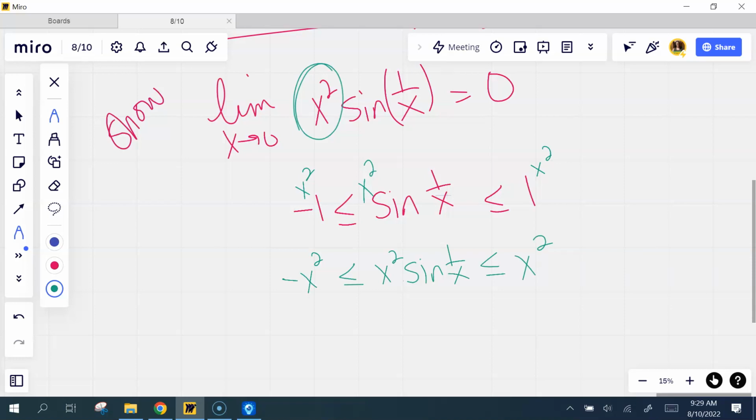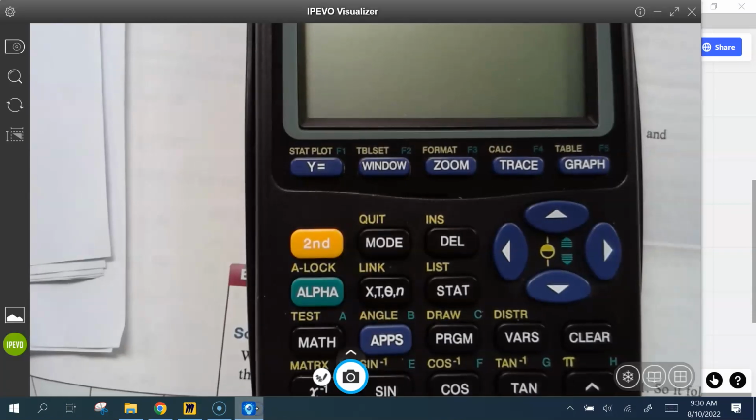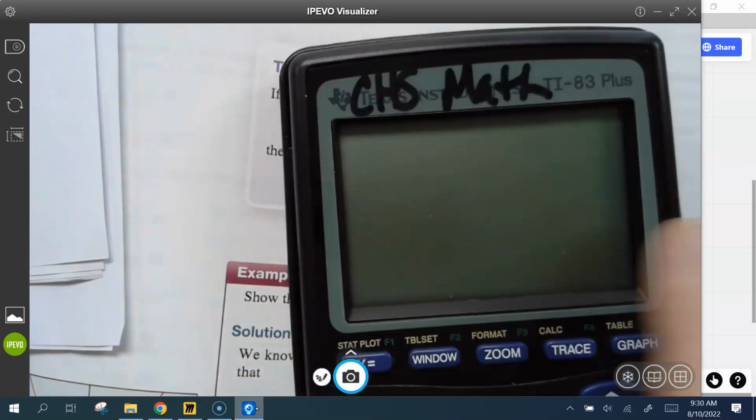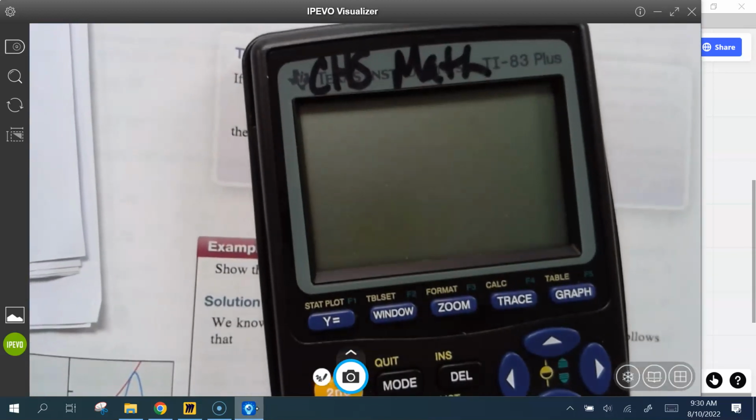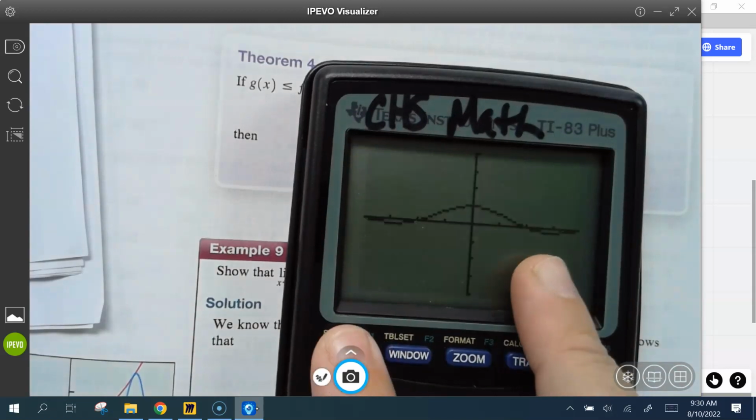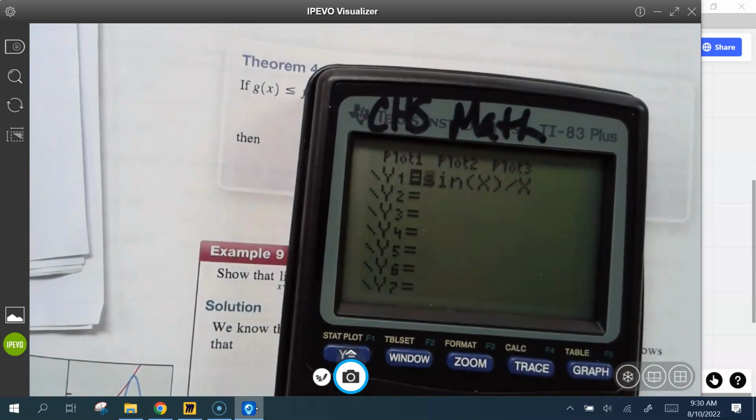And let me show you what this looks like graphically, because then maybe it'll make a little more sense, and it looks kind of cool. Let's say I graphed x squared sine 1 over x.